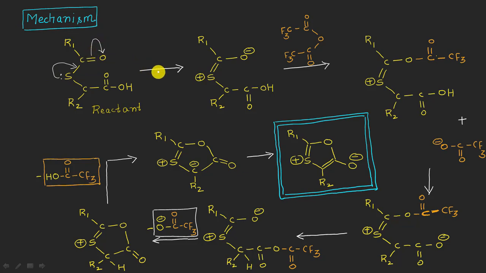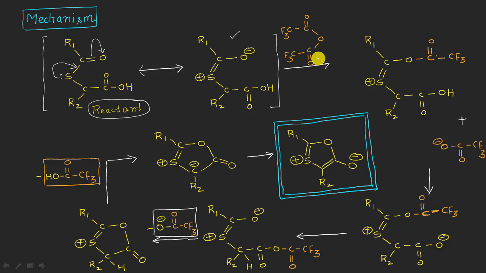It will not be good to show such an arrow here because it is just a resonance. So better to show a double-headed arrow like this, right? And moreover to put a square bracket here. So this is actually the second resonating structure for our reactant molecule, right?